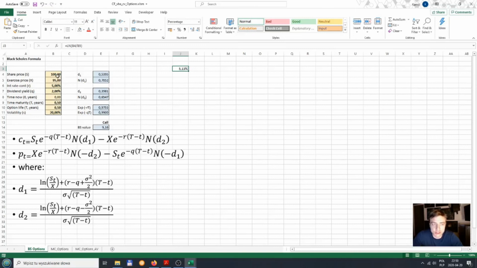You purchase a contract when current share price is higher than exercise price, so the option is currently in the money. And then you add something, and what you add is this rate of return that you expect to realize. So this is your risk neutral rate of return. You will get the risk-free interest rate available on the market.